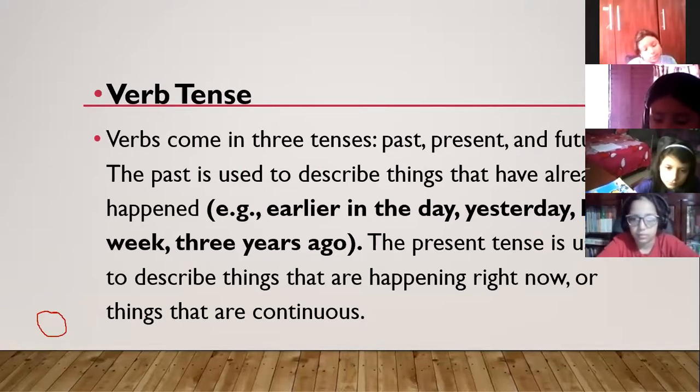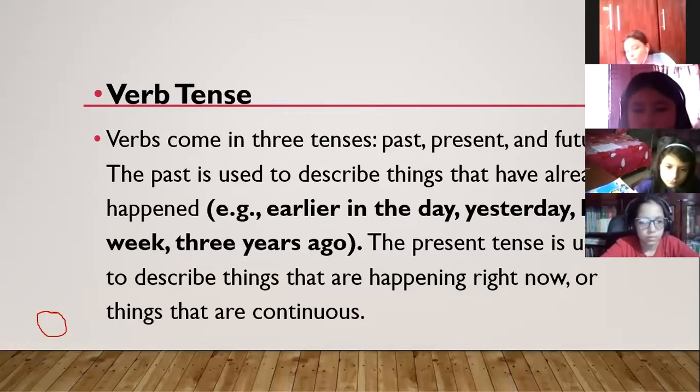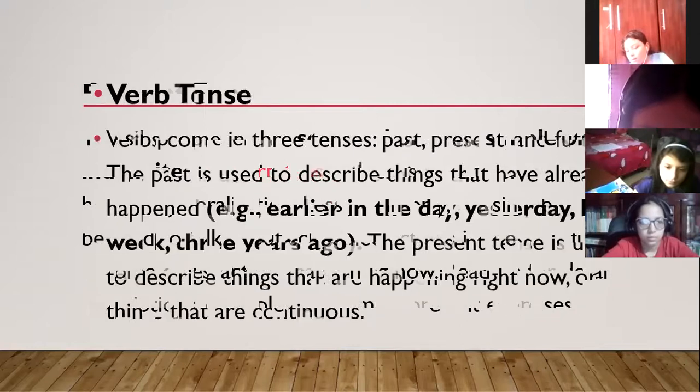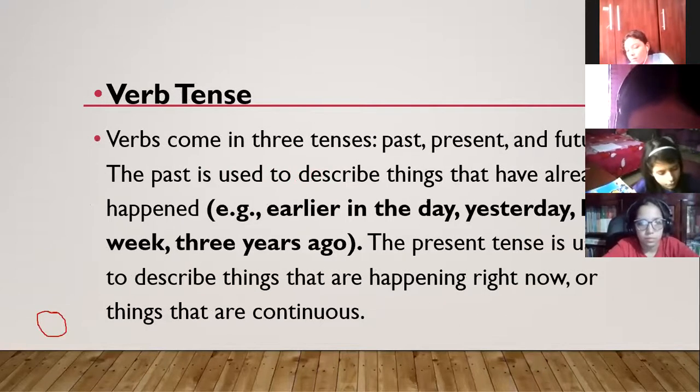Do you understand this, guys? And what happens when we tell a story? Do we tell a story using past or using present? Using past, right? Because if it is a story, it means that it happened to you, so it means that it's in past.